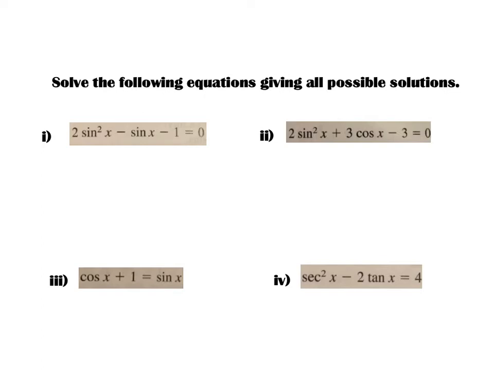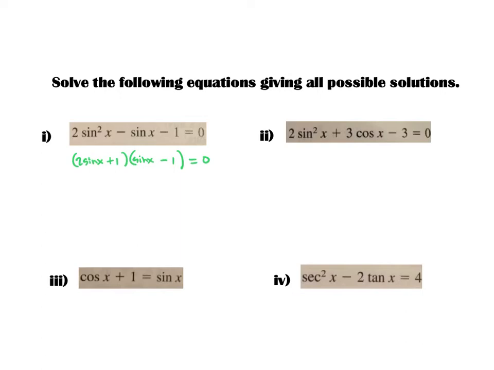So in number 1, I'm going to factor, very similar to normal factoring with polynomials, using the same idea. So 2 sine x and sine x, and I'm going to multiply by a -1 and a +1 here. That would be factored for 2 sine squared x minus sine x minus 1.